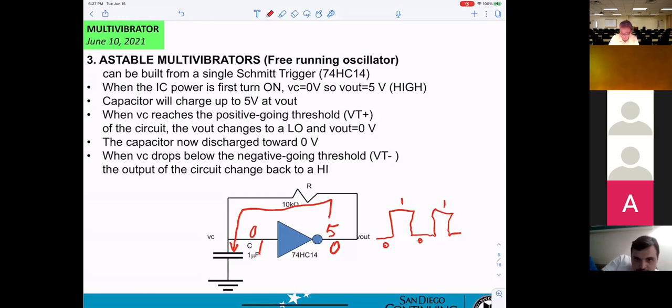That's the point where the input turns to a logic 1. Exactly. That means VT plus, that means it's stuck at logic 1 input.